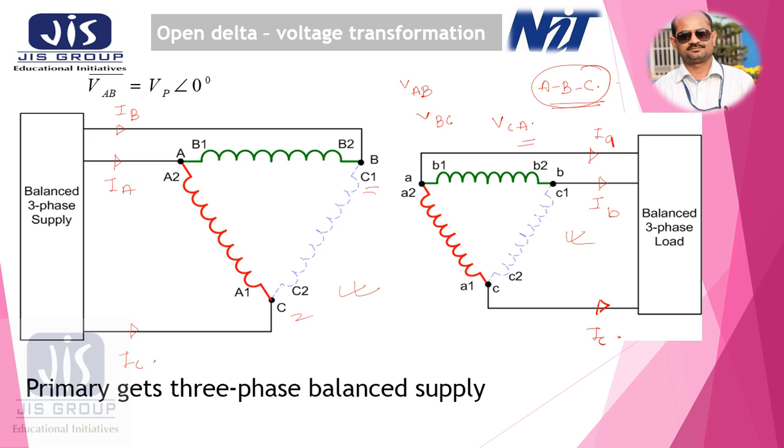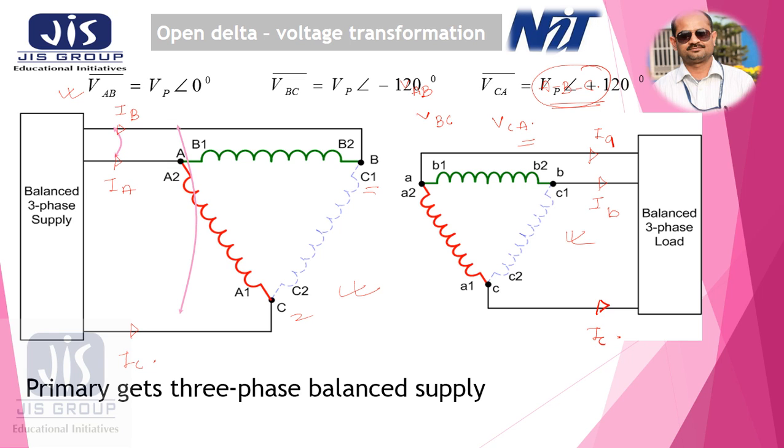And suppose we have taken VAB as reference. So VAB will be VP angle 0, VBC will be 120 degrees apart, so VBC will be VP angle minus 120 degrees, and VCA will be VP angle plus 120 degrees.